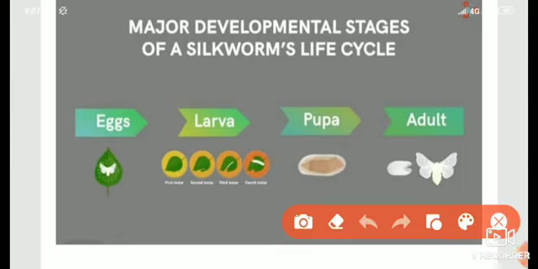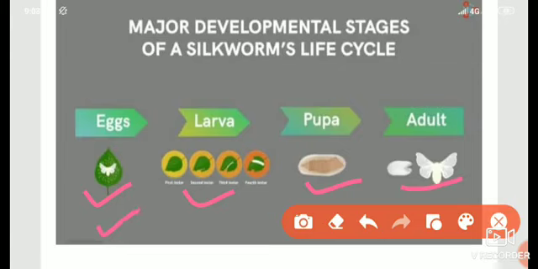You can see this structure, students, the whole major development stages of a silkworm's life cycle. Firstly, the egg is laid on the mulberry leaves, and after that it changes into the larva, and there are 4 stages of larva, which are called the instar. After that, the larva changes into pupa, and the pupa changes into an adult silkworm. How many stages? Mainly 4 stages.